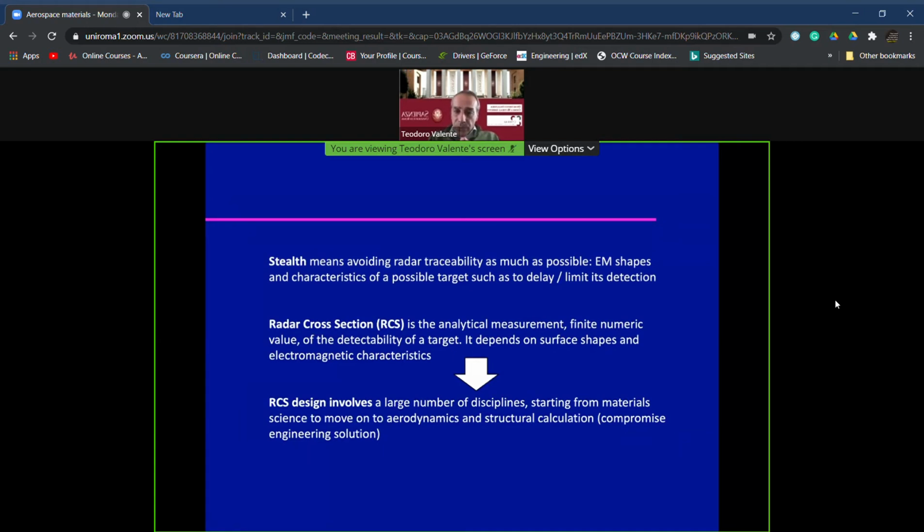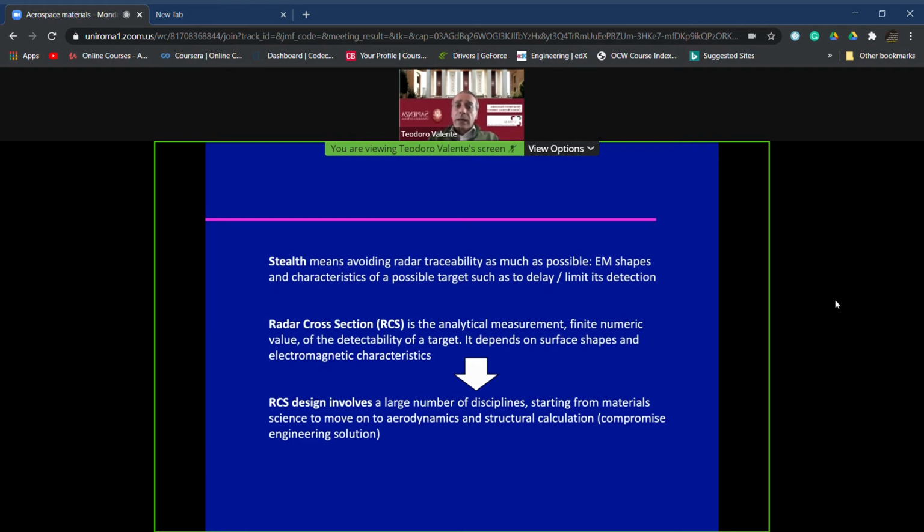To this purpose, looking to the shape, and we will have some other analytic definition, but now let's go into the concept. There is another important aspect which must be considered together with the electromagnetic properties of the materials itself, and which is defined for the flying object radar cross-section, written also RCS.